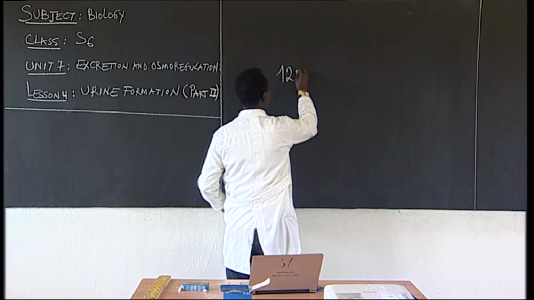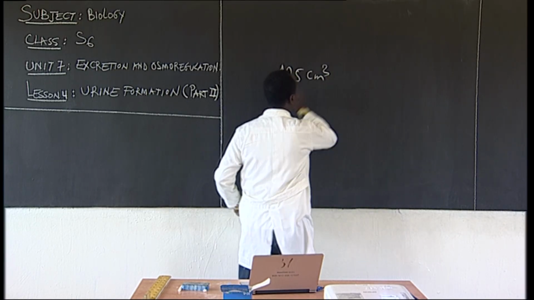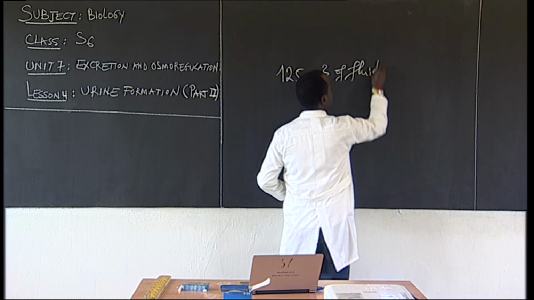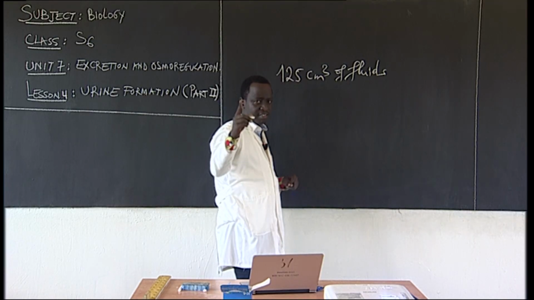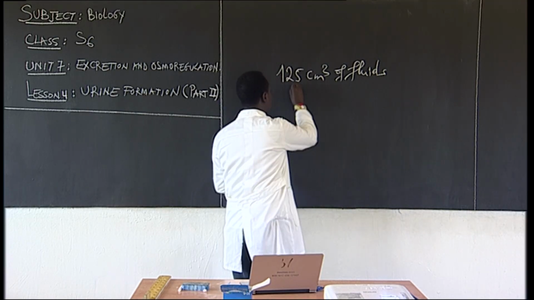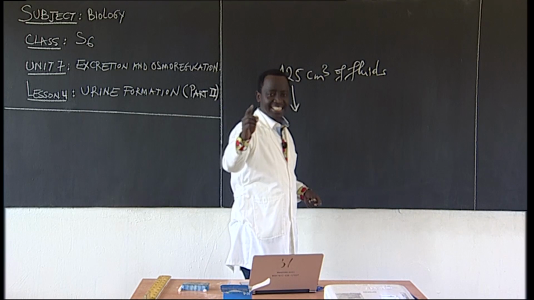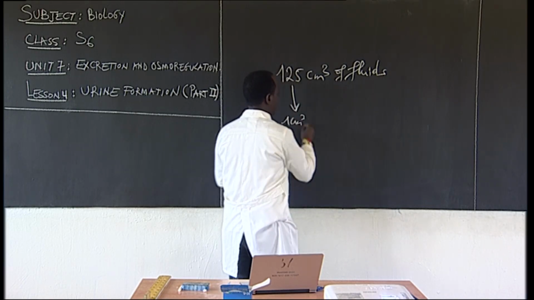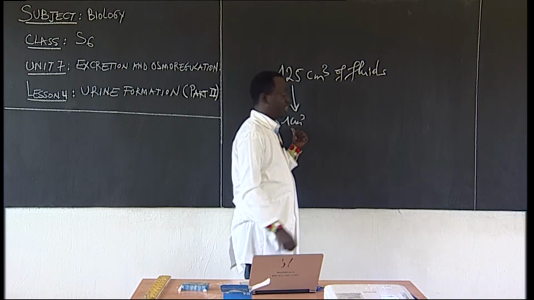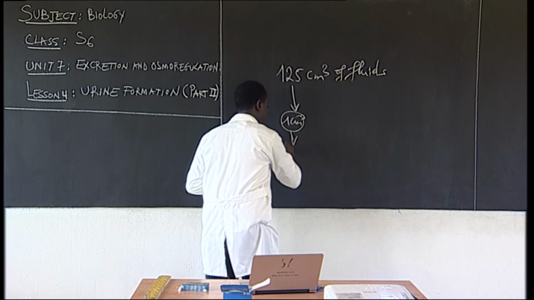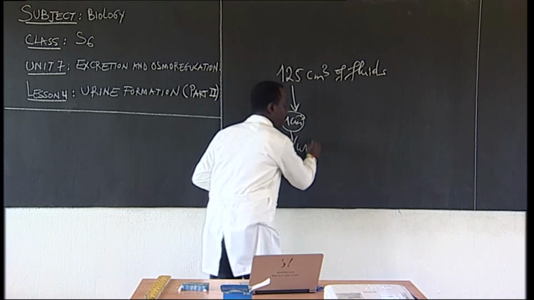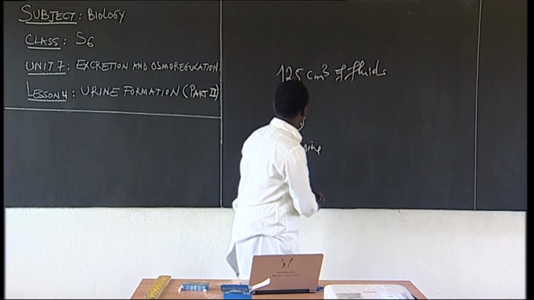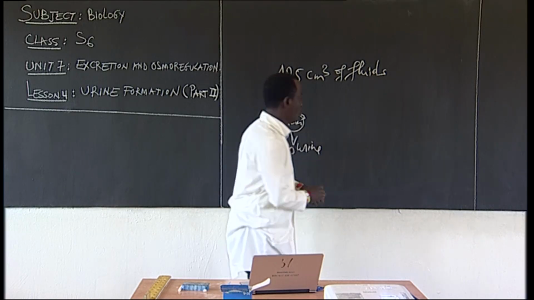Now, you can ask yourself, during the day, at least in 1 minute, we have this 125 cubic centimeters of the fluids that has to be filtered. Among these, only 1 cubic centimeter, actually it's like 1 milliliter, is formed as what? As the urine. Now you can ask yourself, where is the remaining 124?